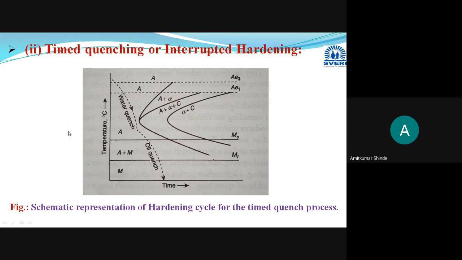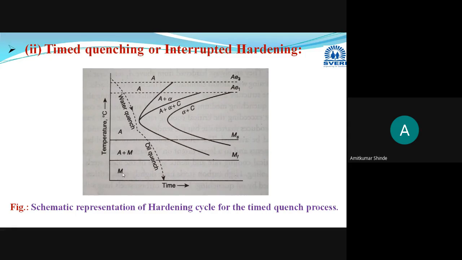Then we provide some holding time or soaking time, and after that we cool it to room temperature, so that whichever austenite is present at the higher temperature zones gets transformed to martensite. We cool it to room temperature, or sometimes below room temperature also, and we end up with martensite. So this is the general hardening process.